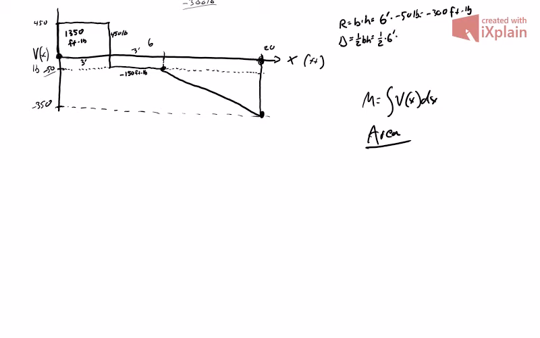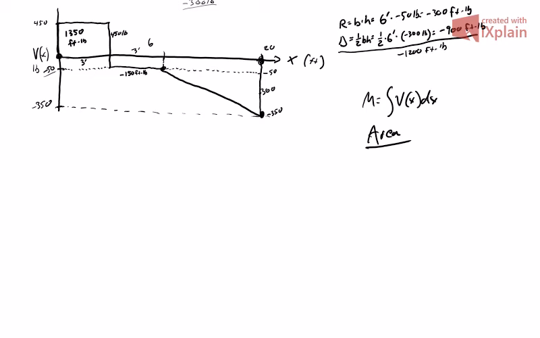And if it starts at negative 50 and goes to negative 350, that means the height is negative 300 pounds. So do that math, and that gives us negative 900 foot-pounds. Okay, so all in all, the rectangle and the triangle together are negative 1200 foot-pounds.